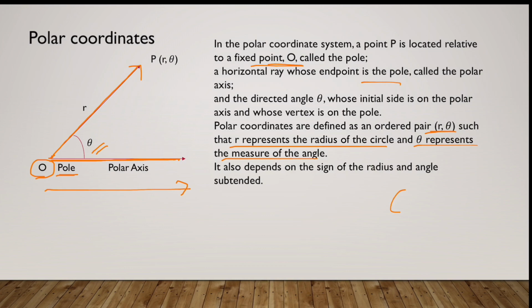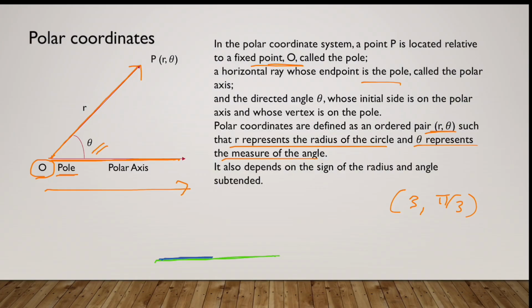For instance, if I gave you 3 comma pi by 3, it means that if I have my polar axis right here, I'll first move the radius like we do with the x-coordinate on the x-axis. Since it gives me a radius of 3, I'll move, let's say 1, 2, 3.